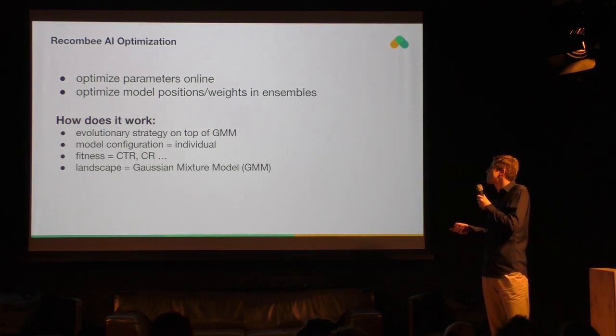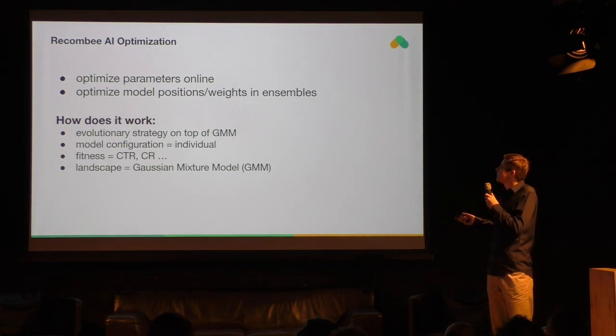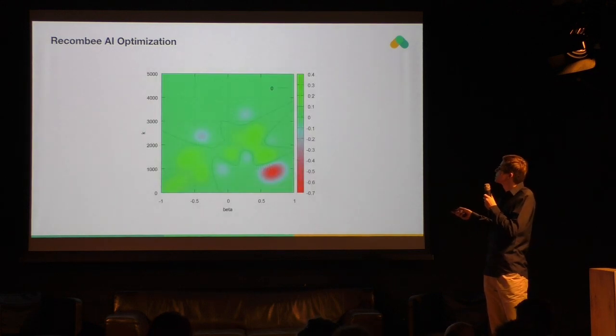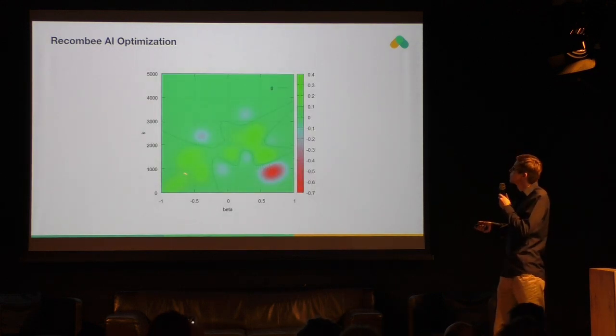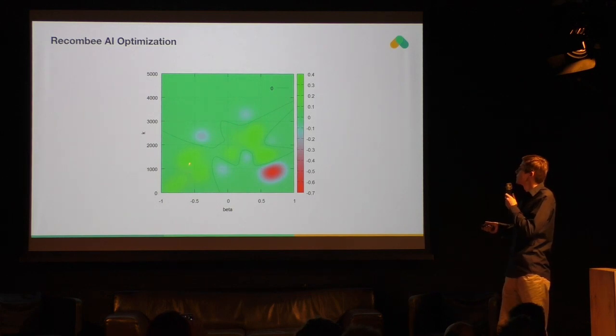That means we can come back to this image, and what you're looking at is a fitness landscape, basically a landscape of which area is good. So in this case we have 2 parameters, k and beta, just 2, so it's nice to visualize, but of course you can optimize multiple parameters.